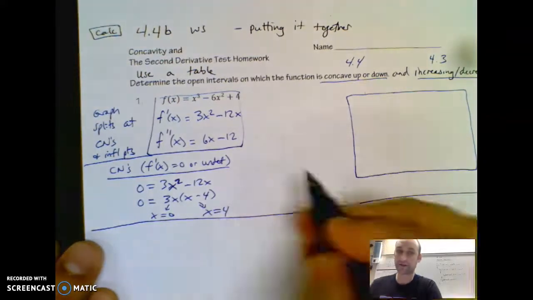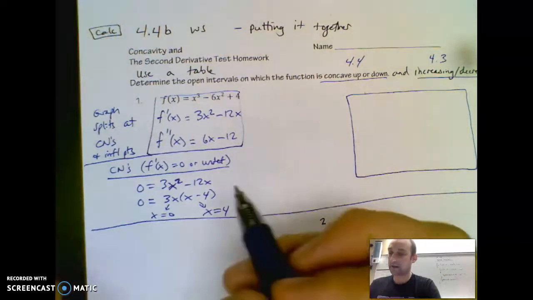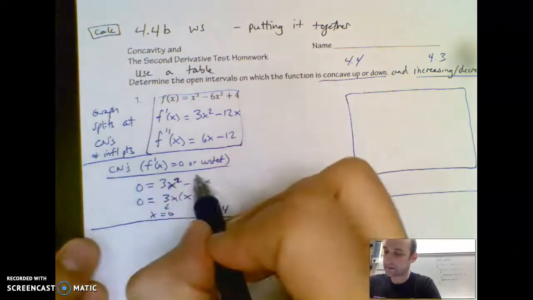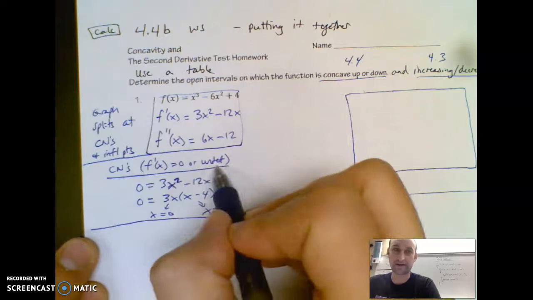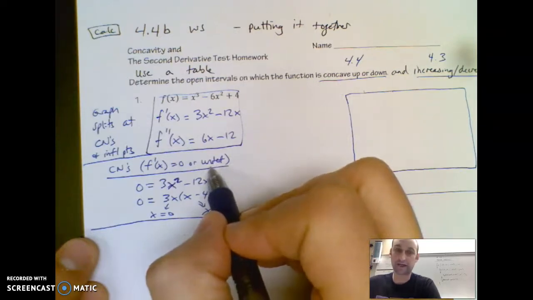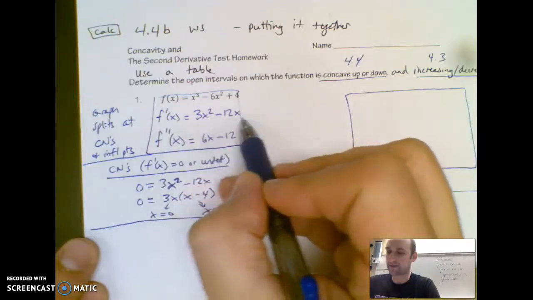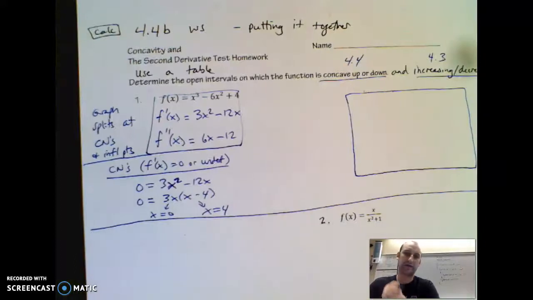So I already have 2 places to split my graph, but I want to check, are there any inflection points? Because these are my critical numbers. And if you're wondering, why did you only set the derivative to 0 and not undefined? Well, I didn't have to because I used my good old experience and said, well, this is not a fraction, so I'm not worried about it being undefined. It's not a radical, so I don't really have places to worry about.